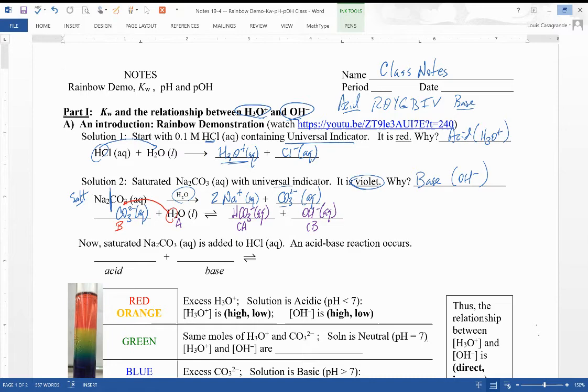Now, when we add the sodium carbonate to the hydrochloric acid, we have another acid-base reaction. This turns out to be a neutralization reaction. We take the HCl and we take the HCO3-.